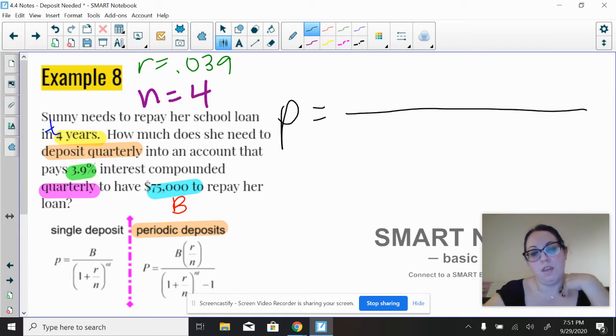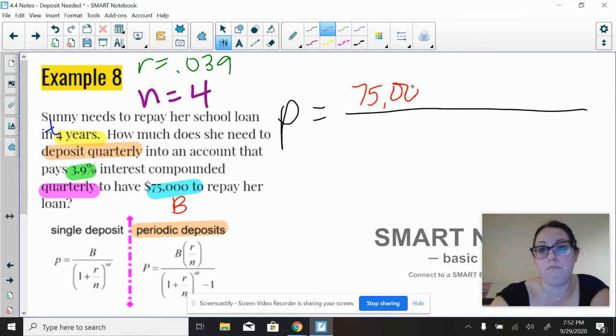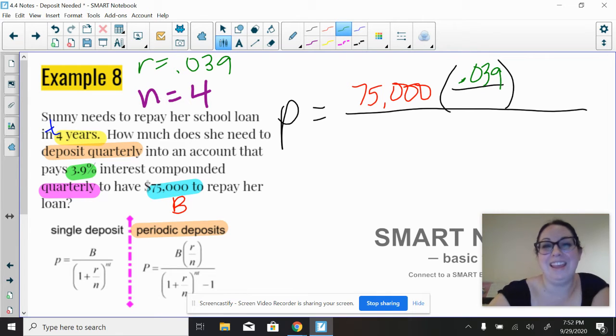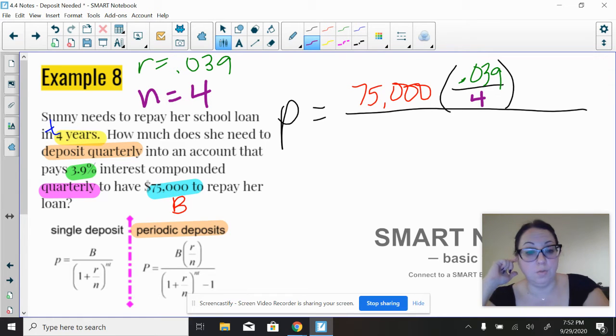In the numerator, the first thing I want to put in is my balance that I want to have in the account, and that's 75 grand. And then that's going to get multiplied times R over N. So in this example, my rate is 0.039 and my N value is 4. That's all that goes in the numerator.